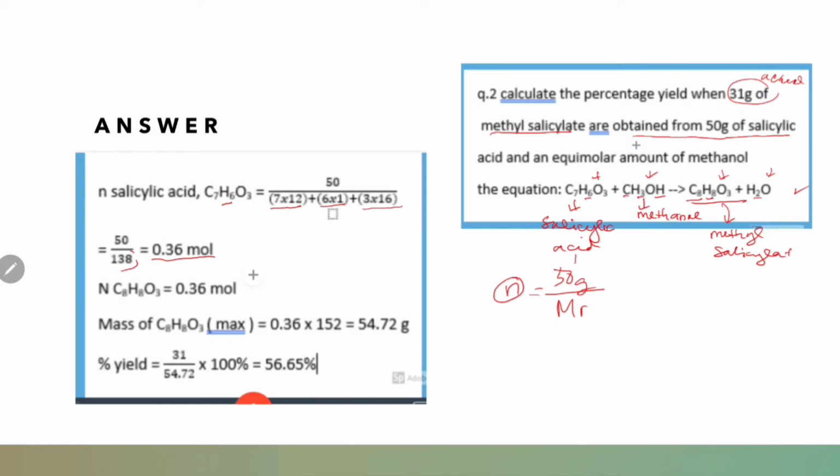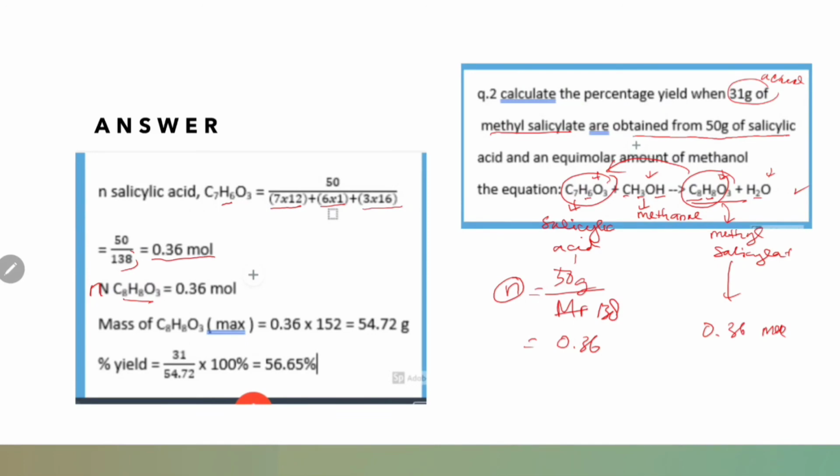And then the mole of methyl salicylate is the same, because the ratio is 1 to 1. So the number is 0.36 mole.